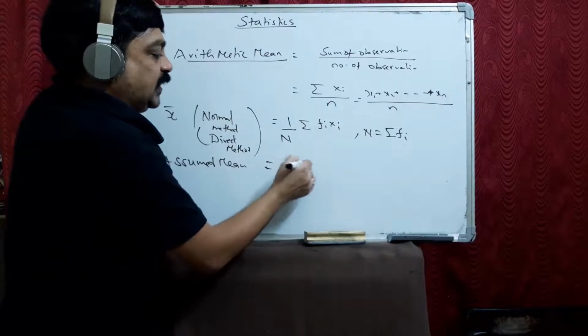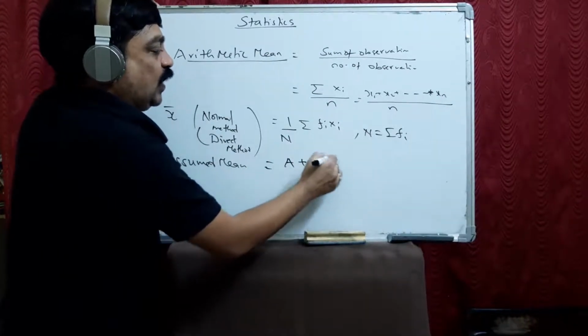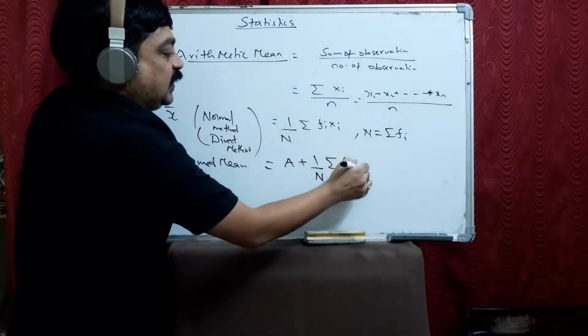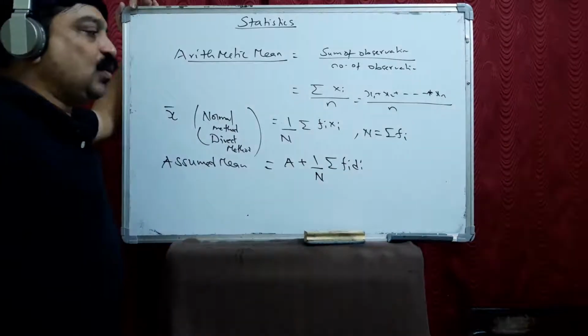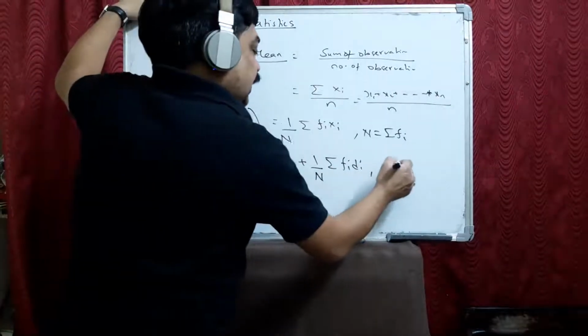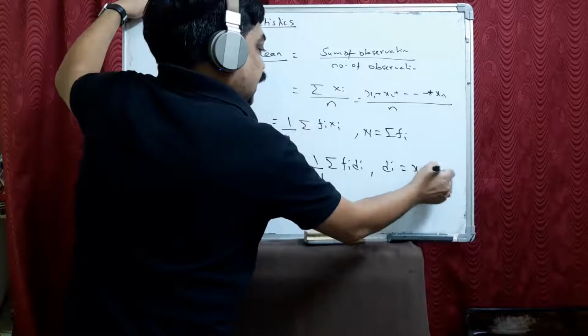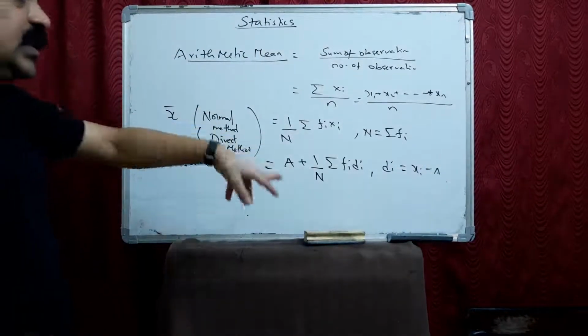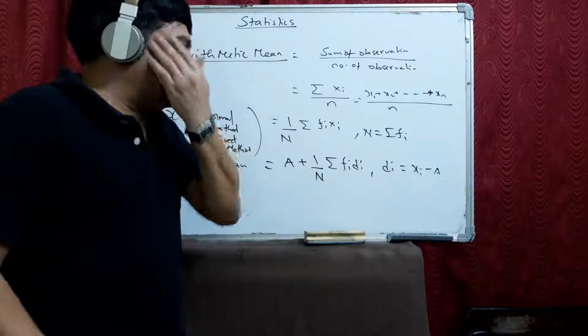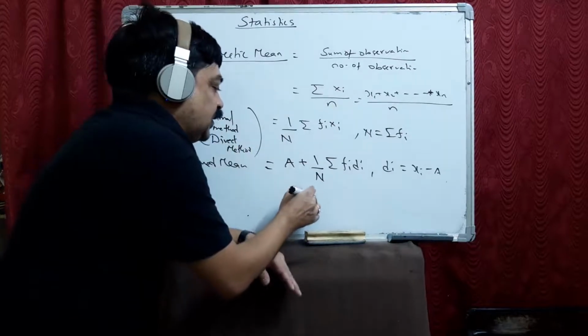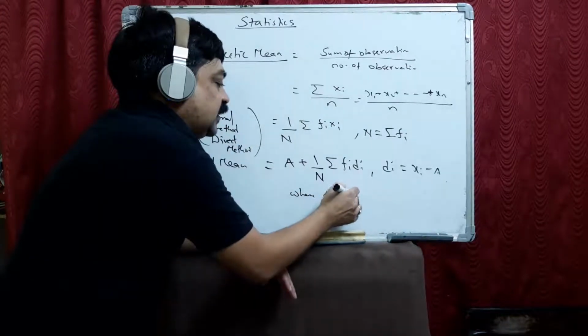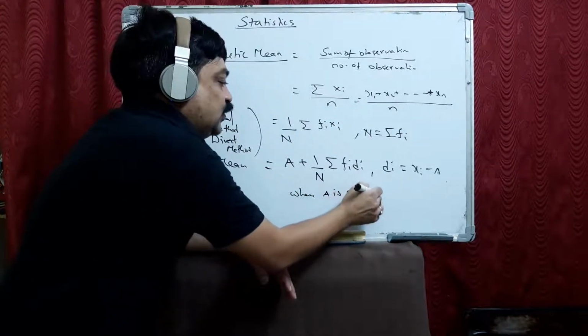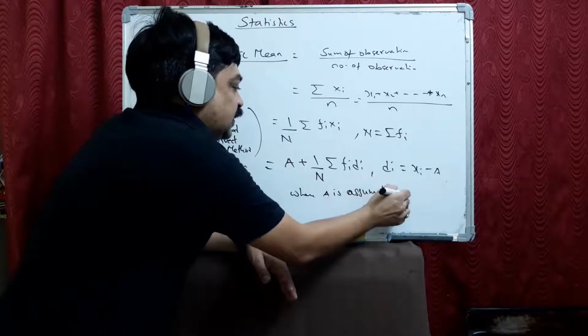It is capital A plus 1 by N sigma fi di, where di is equal to xi minus a, and a is the assumed mean. When we do the problems, you can understand all these things.